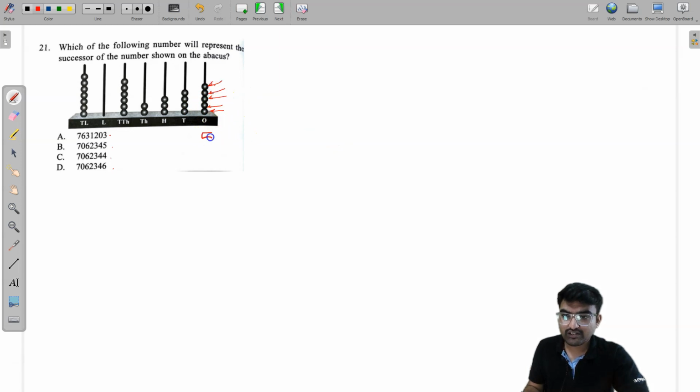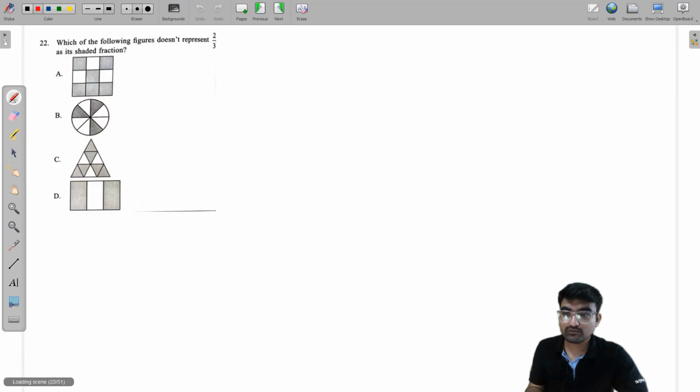So at unit place 5 is shown on the abacus. Now its successor will obviously be 6, right? So we don't need to check the remaining digits. We can just choose option D because it is the only one which has 6 at its unit place. Correct?